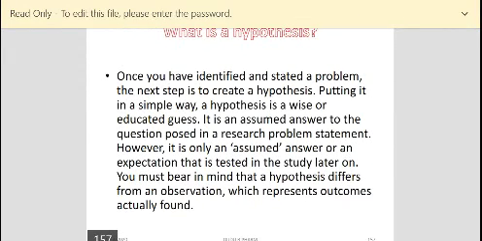So let's see here. It is an assumed answer to the question posed in the research problem statement. However, it is only an assumed answer or an expectation that is tested in the study later on. You must bear in mind that a hypothesis differs from an observation, which represents the outcome actually found. When you test this hypothesis later, or when you carry on your study, you have to know the relationship between two variables.